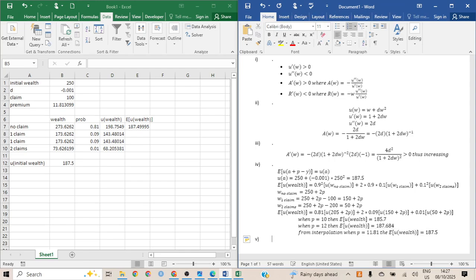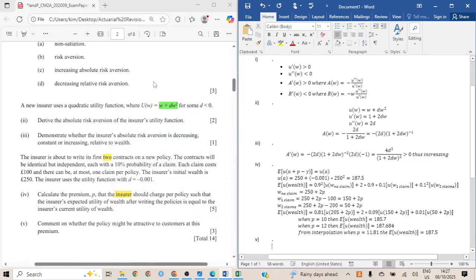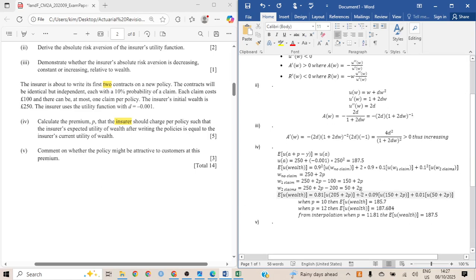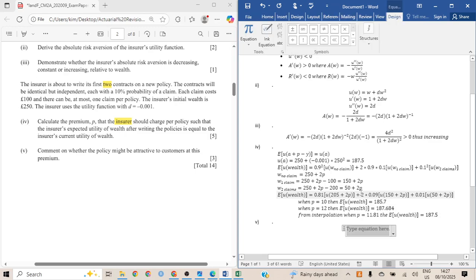So to the last part of the question, comment on whether the policy might be attractive to the customer at this premium. So how do we know if the policy is attractive to the customer? First, we have to calculate the expected claims or the expected cost.